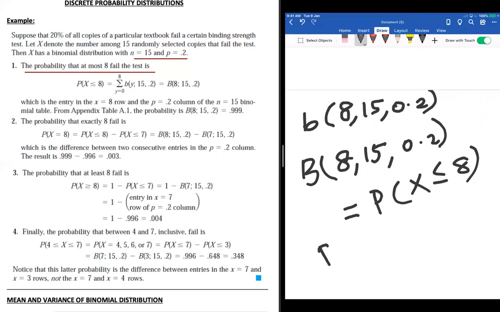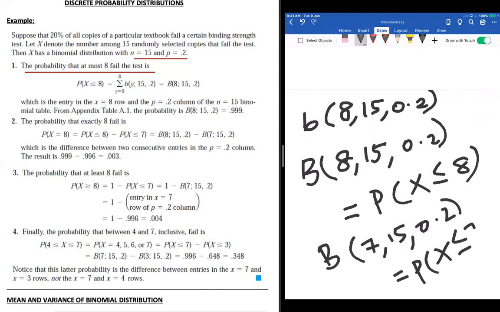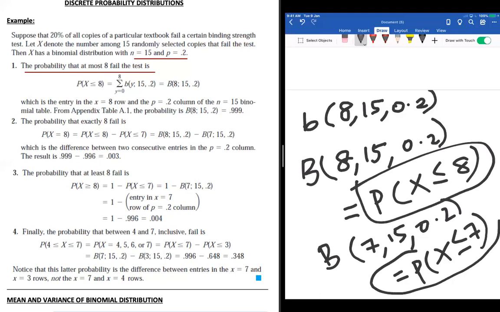Then capital B of 7, 15, 0.2 is the probability of x less than or equal to 7. This one minus this one gives the probability that x takes the value exactly 8.